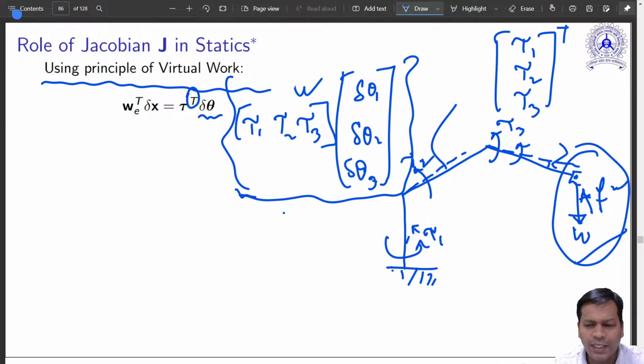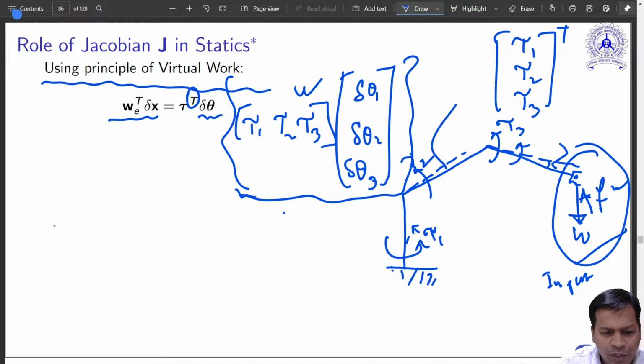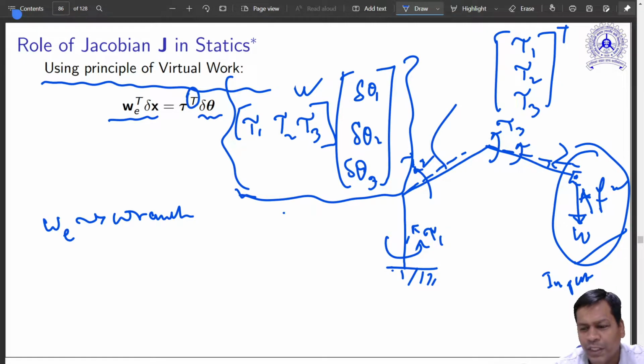Then if I see it from a different perspective, from the input side of it, what does this say? Again, W A is the wrench. What is a wrench? A wrench is a combination of external moments and forces.